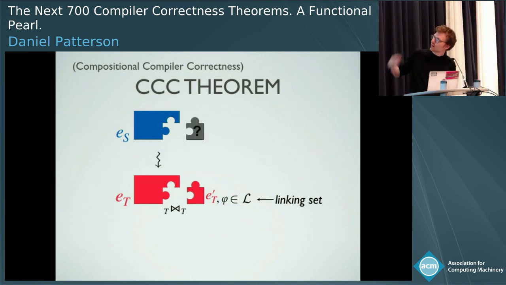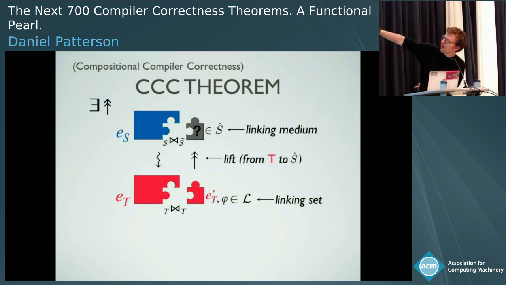And then, if we're thinking about refinement between whole programs, we need something that corresponds to this ET prime in the source, except it may not actually be the source. I've written it in gray here because there's huge variability in existing results. To account for that, we'll call it S hat. It's the linking medium, some way that we allow you to link the source to the target.